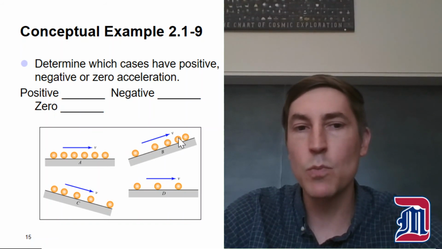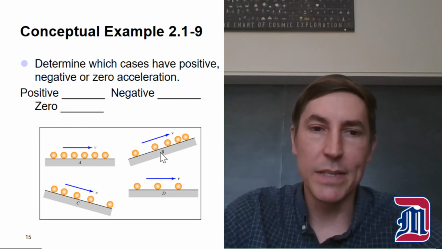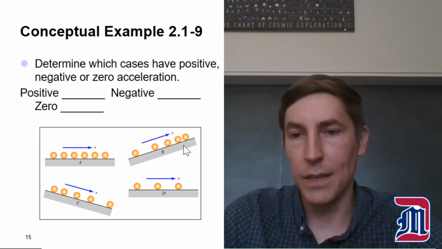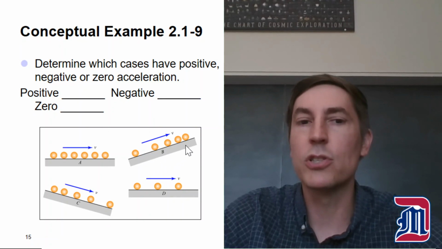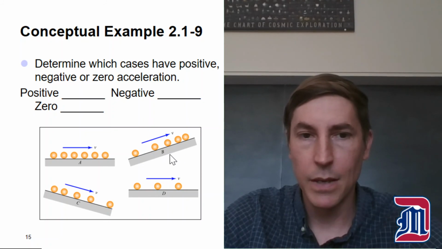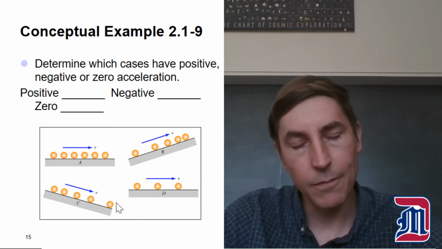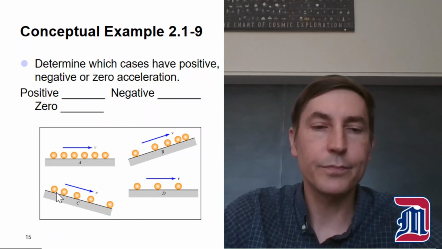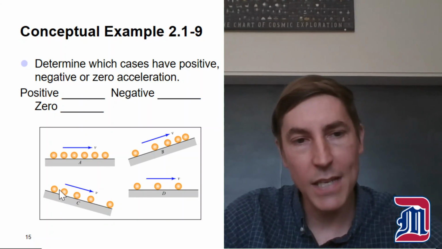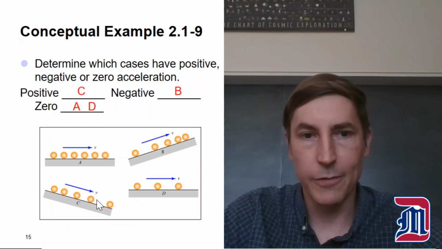If v is getting smaller, that means delta v is negative, and that means the acceleration of B is negative. We're slowing down. Our velocity is decreasing. If we look at C, the distance covered is increasing, and so in that case, our velocity is increasing, and so our acceleration must be positive.